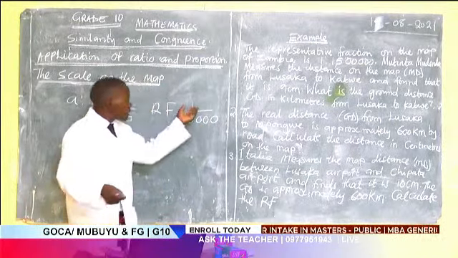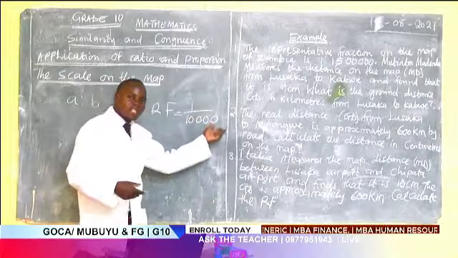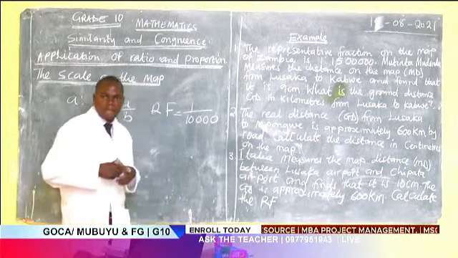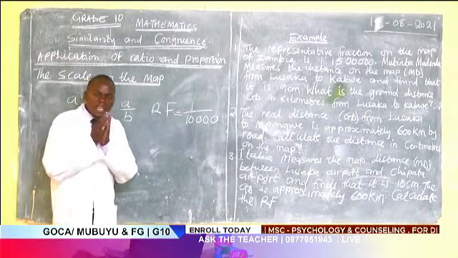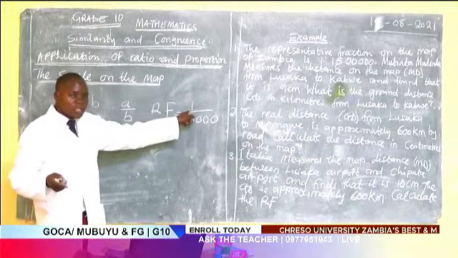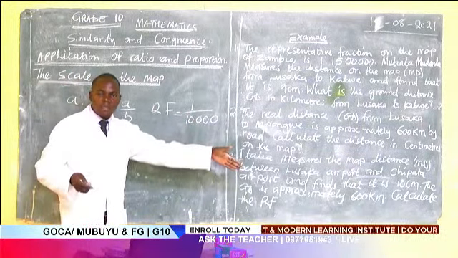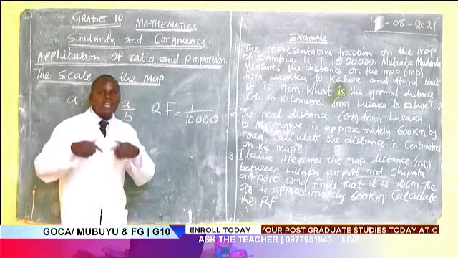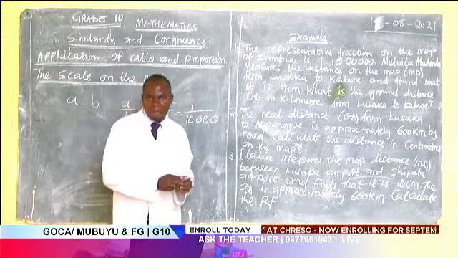Now, when you check here, I didn't say kilometers, meaning that we have the same unit. So it is 1 centimeter, then 10,000 centimeters. You cannot have ratios with different units. So if you have a different unit, you have to change it so that you have the same unit.